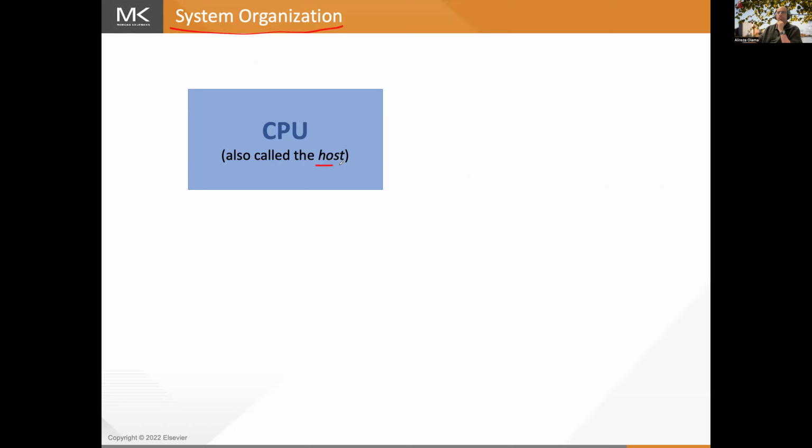Which is called the host. So whenever in a CUDA program or a GPU program you see host, it is referring to the CPU part of the system, right? Then you have a main memory that is connected with the CPU, and this is called host memory. So the host is your CPU, and the host memory is the CPU memory, or the system's main memory, right? It's like a typical machine.